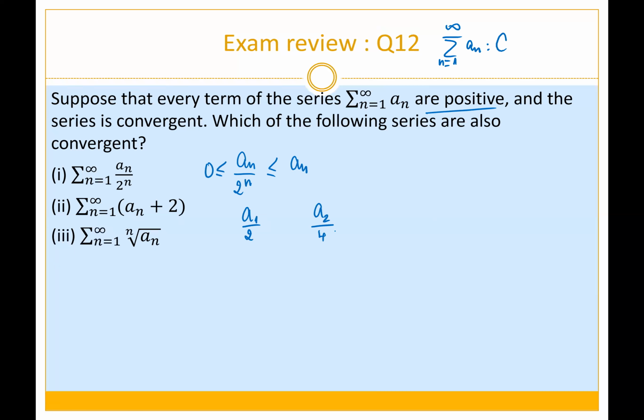So every term is smaller than An. And so the entire series is also smaller than An. And so in this case, the series An over 2 to the n is convergent by direct comparison test.